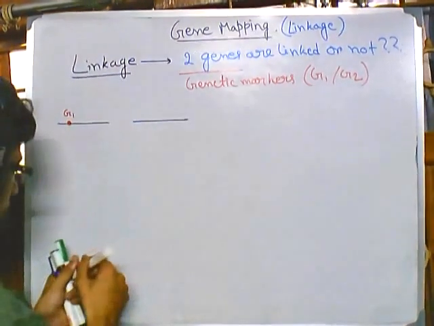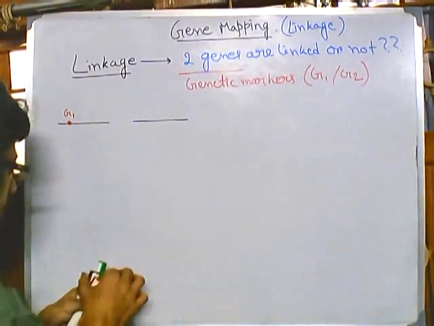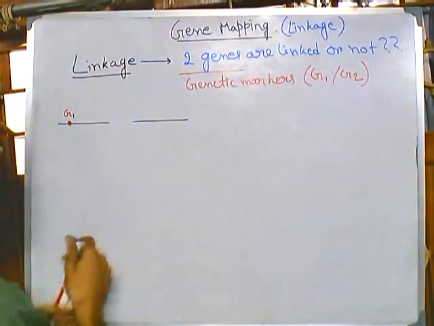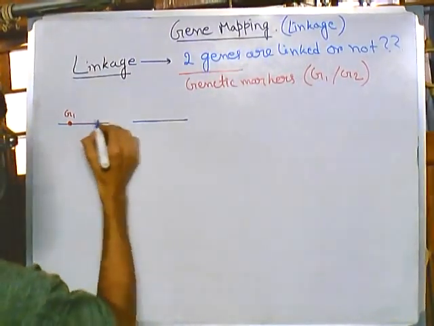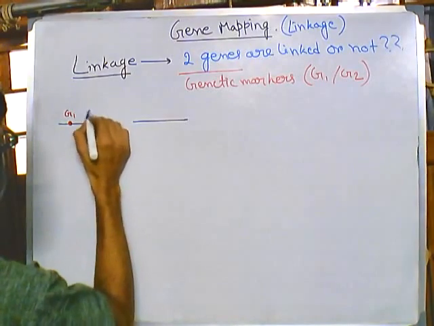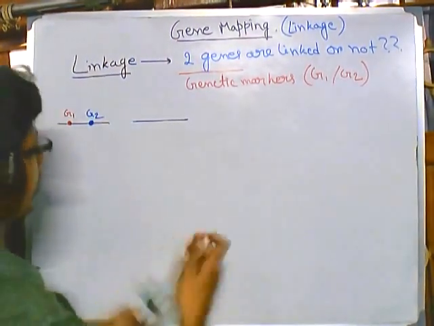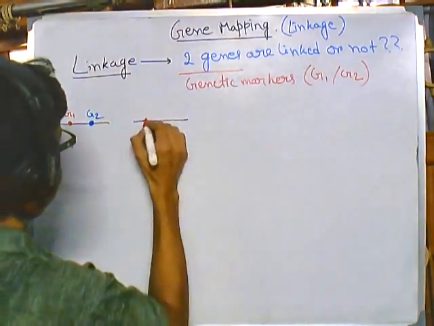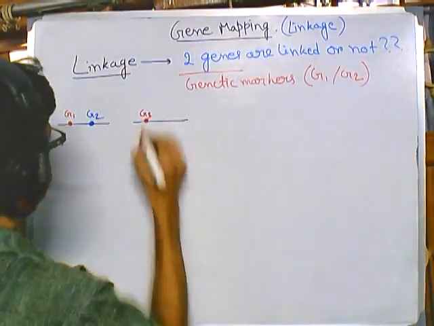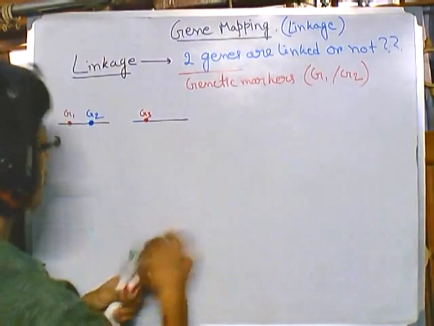Here is G1 and say the blue colored marker. This is G2. Now in this one we have G3, for example, and say G4.